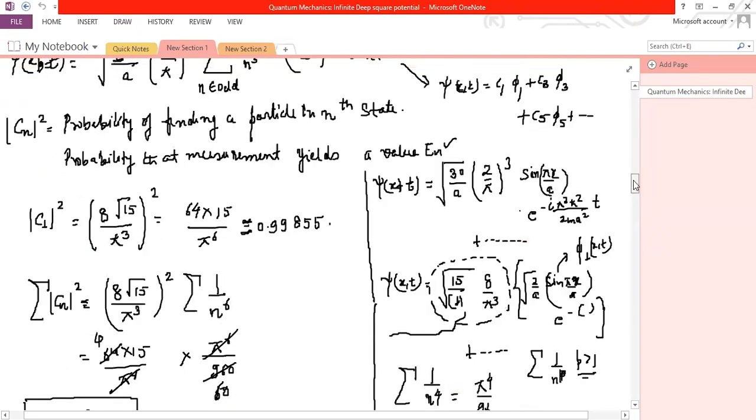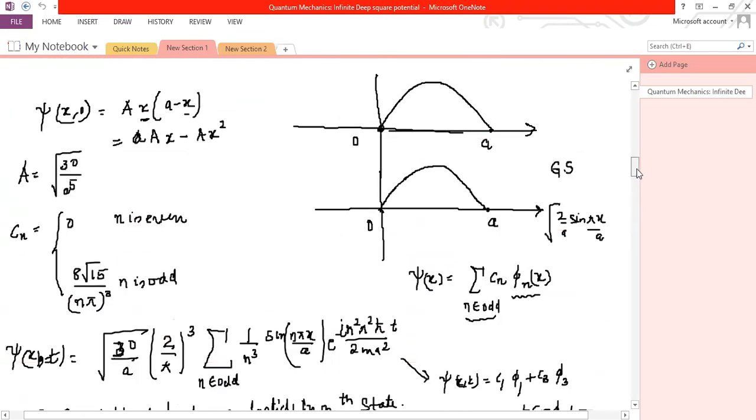And then we tried to write it as a linear combination of the various eigenkets. And we realized from the symmetry of the wave function that this holds a very similar symmetry as that of the ground state of the infinite deep square well.